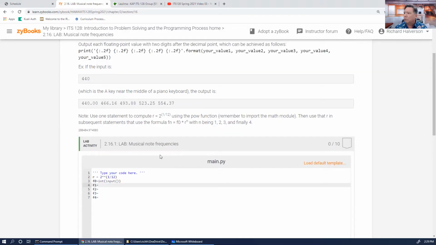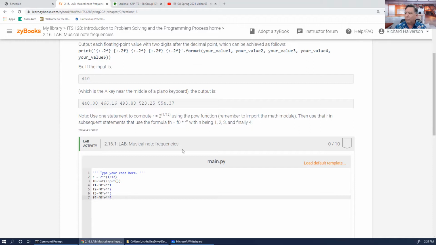And F1 is F0 times R to the 1. F2 is to the power of 2, to the power of 3, to the power of 4.